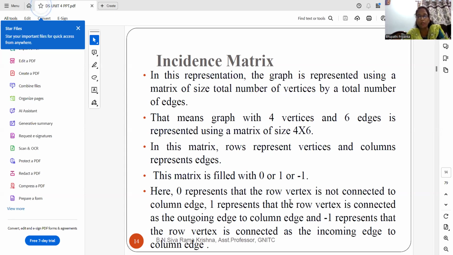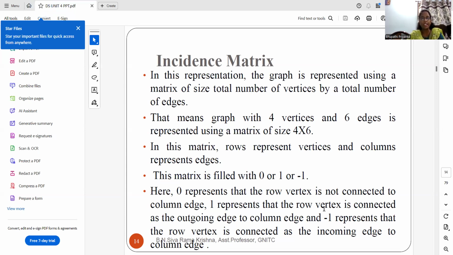0 represents that the row vertex is not connected to any column edge. 1 represents that the vertex is connected to the column edge as an outgoing edge. -1 represents that the row vertex is connected as an incoming edge. If there is no edge, we'll represent it as 0. If there is an outgoing edge from row to column, we'll represent it as 1.